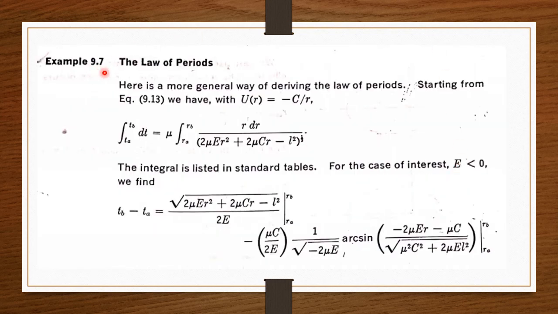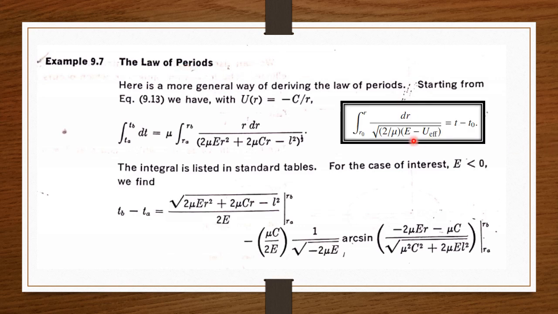There is one more way to find the law of periods, that is by integrating the relation which we have studied earlier, the variation of r with t. In that integration, the effective potential is applied and u is taken as minus C by r. Substituting all these terms and integrating, the list of integrals is given in the standard table.